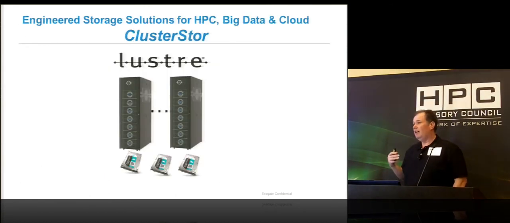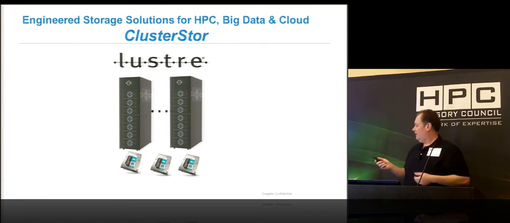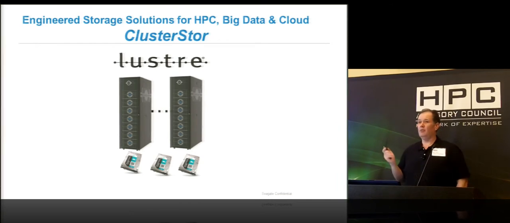So with that in mind, now I'm going to jump back and talk about how there is an engineered storage solution from Seagate called Clusterstore that integrates Lustre, what we just talked about, onto the Seagate hardware.